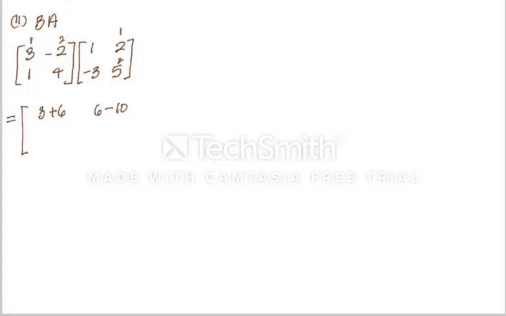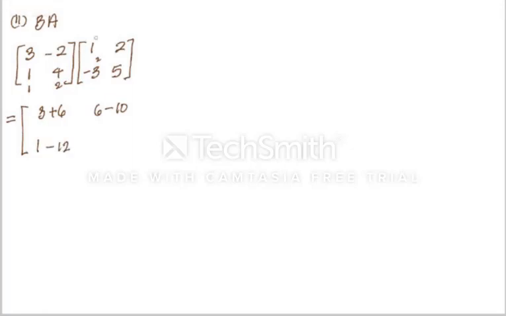So now I'm going to move to the bottom row. Let's multiply the bottom row by the 2 columns. 1 times 1 is 1. 4 times minus 3 is minus 12.